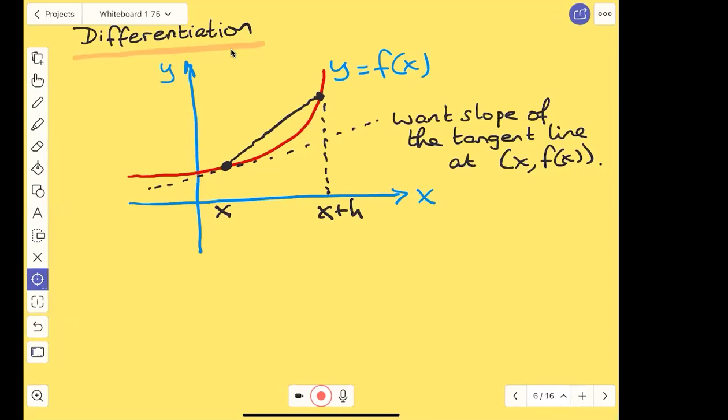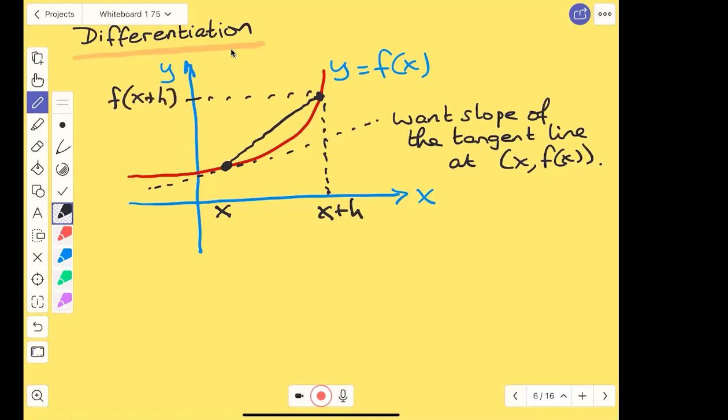So the y coordinate of this point is the function evaluated at x plus h. And now we have the slope of the chord as this difference of the y values divided by the difference of the x values.